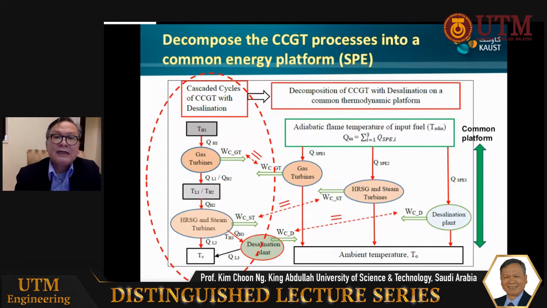So with this technique, we can decompose the complex processes, which operate in cascade, into three separate individual cycles, each drawing a separate amount of QSPE depending on the amount of Carnot work the original cycle can produce. When you add up all the QSPE, it will sum exactly to the calorific value of the fuel input. And this is the way we check whether the technique is on the right path or not.